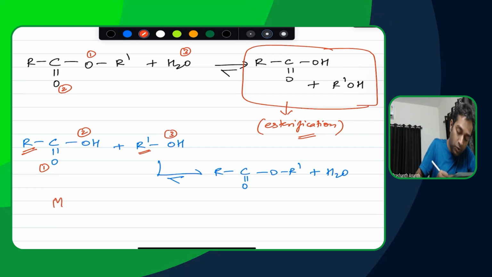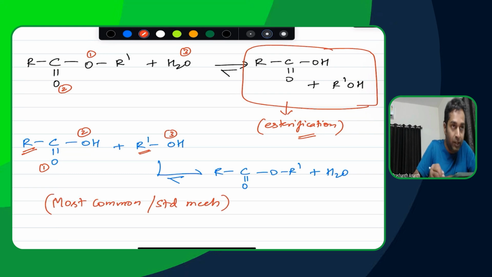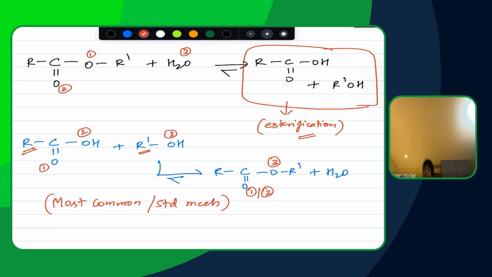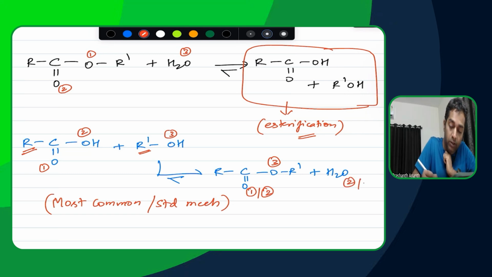But for the most common, standard mechanism, you'll have this as 3. This can be 1 or this can be 2. This will be 2 or this will be 1.